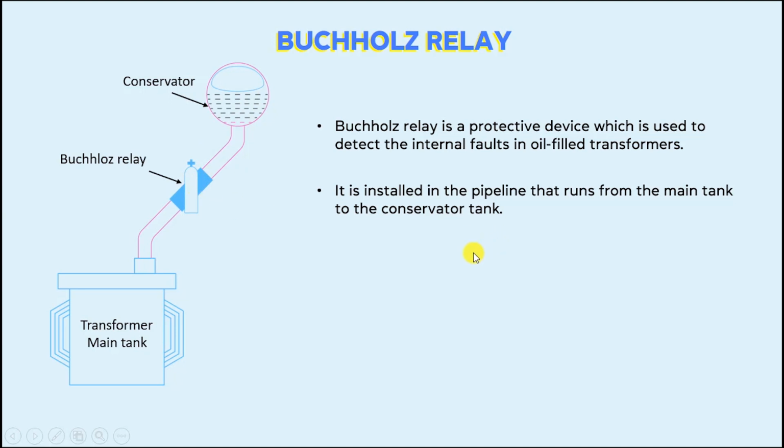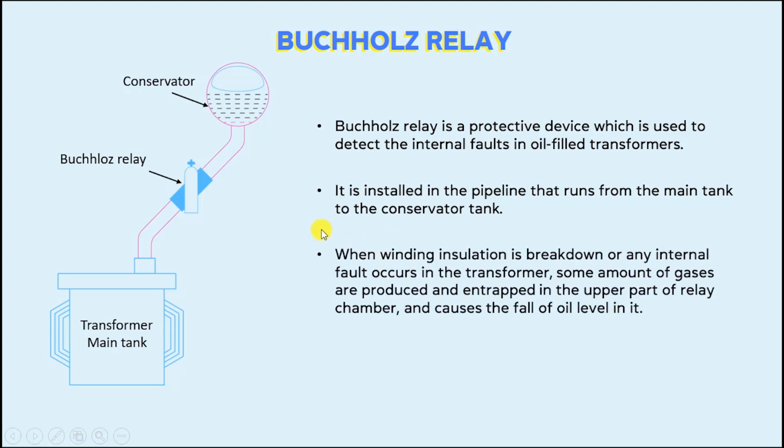So the Buchholz relay works in such a way that whenever winding insulation breaks down or any kind of internal fault occurs inside the transformer, some amount of gases are produced and entrapped in the upper part of the Buchholz relay chamber and cause the fall of the oil level in it.